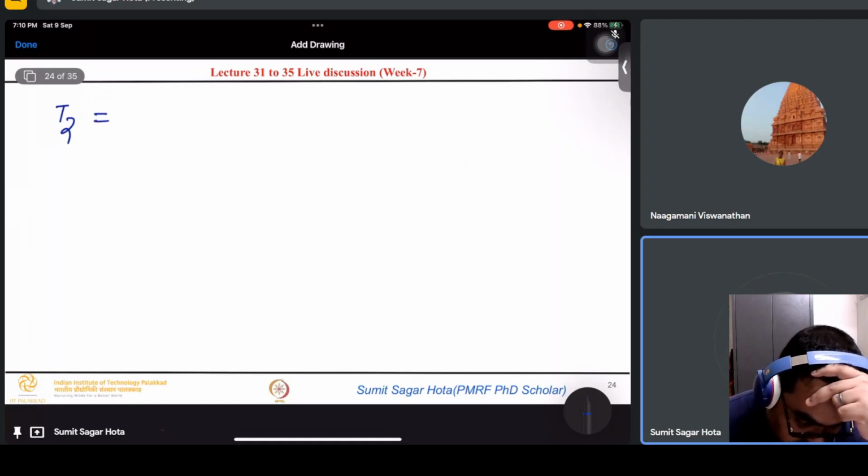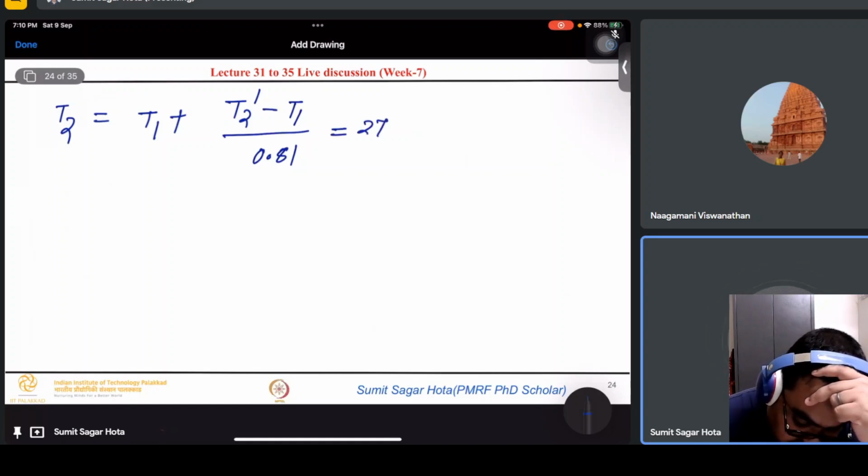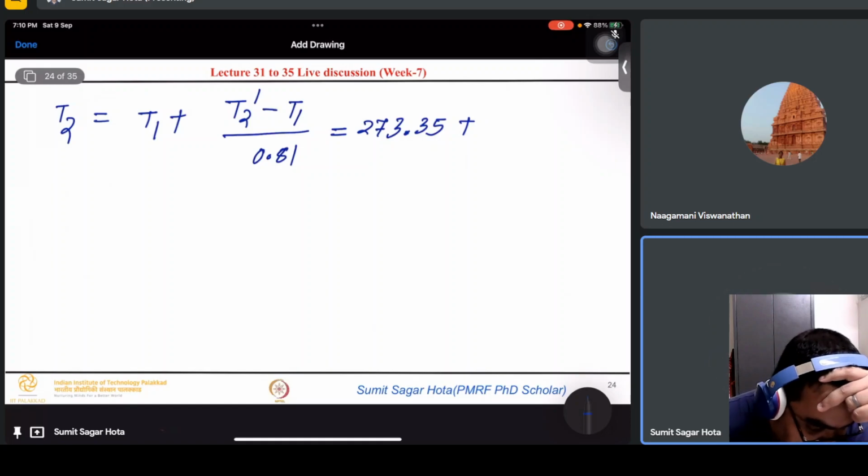T2 is equal to T1 plus T2 dash minus T1 divided by 0.81, which is your isentropic efficiency, sorry, compressor efficiency. So T1 is your 273.35, T2 dash minus T1.